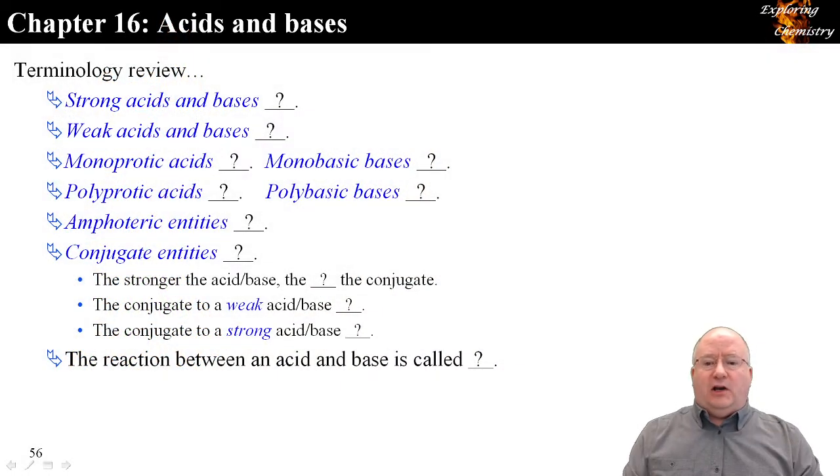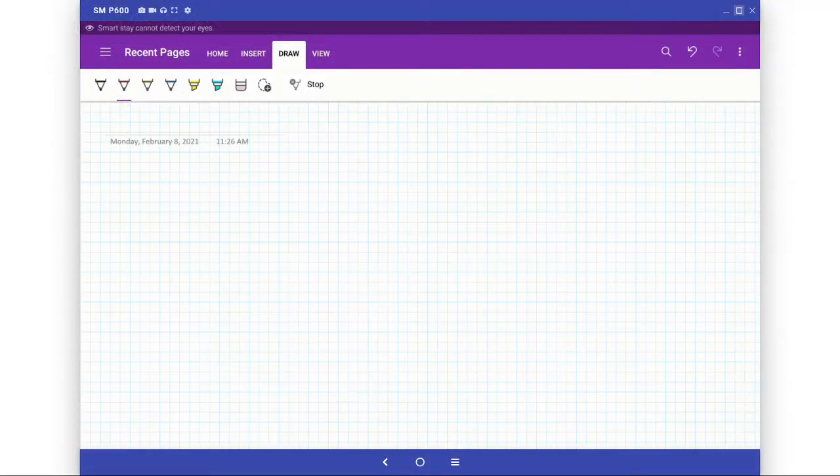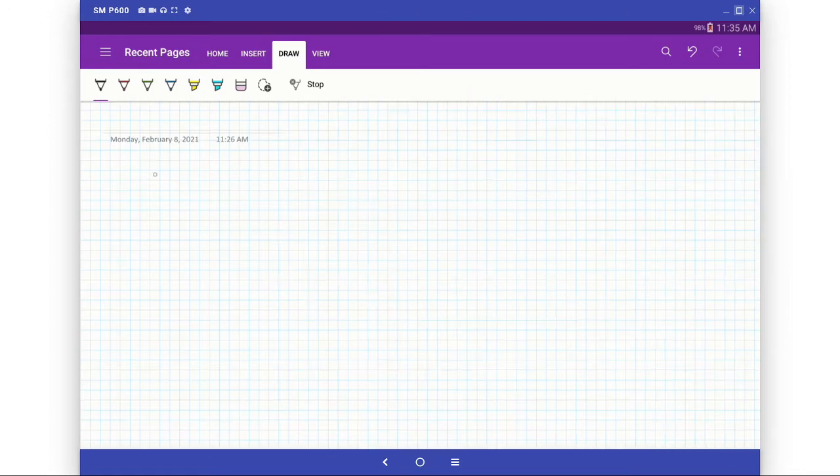This is where we ended off last day in terms of the course material, and what we are going to do now is we're just going to continue moving forward from this. And so the first thing we're going to do is we're going to look at the reactions and entities in the dissociation of phosphoric acid. So phosphoric acid is triprotic, has 3 protons, and it undergoes a series of dissociations.